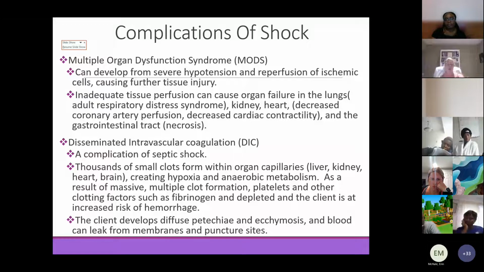So it is something you have to watch out for, and that will continue to cause issues on our tissues even further.